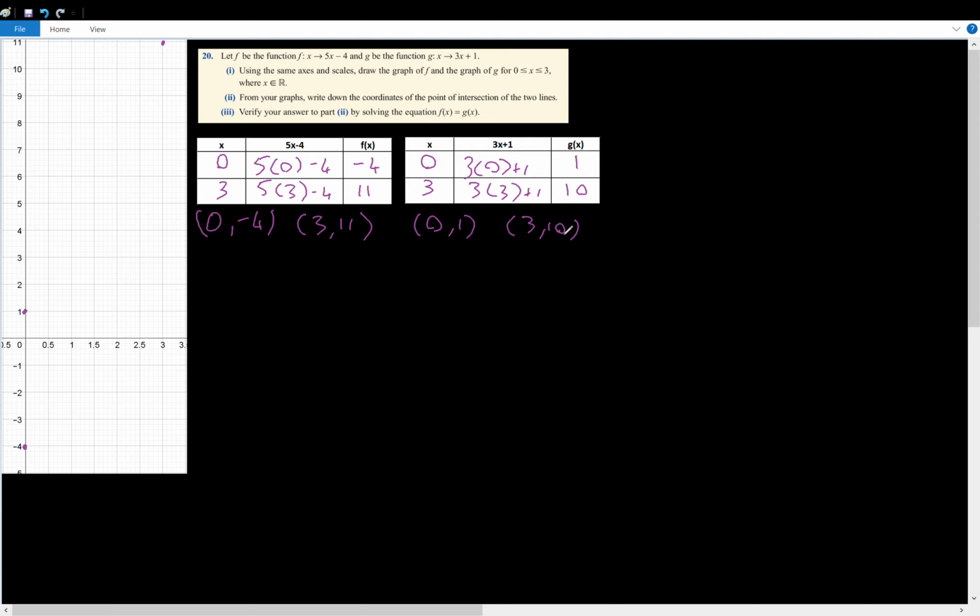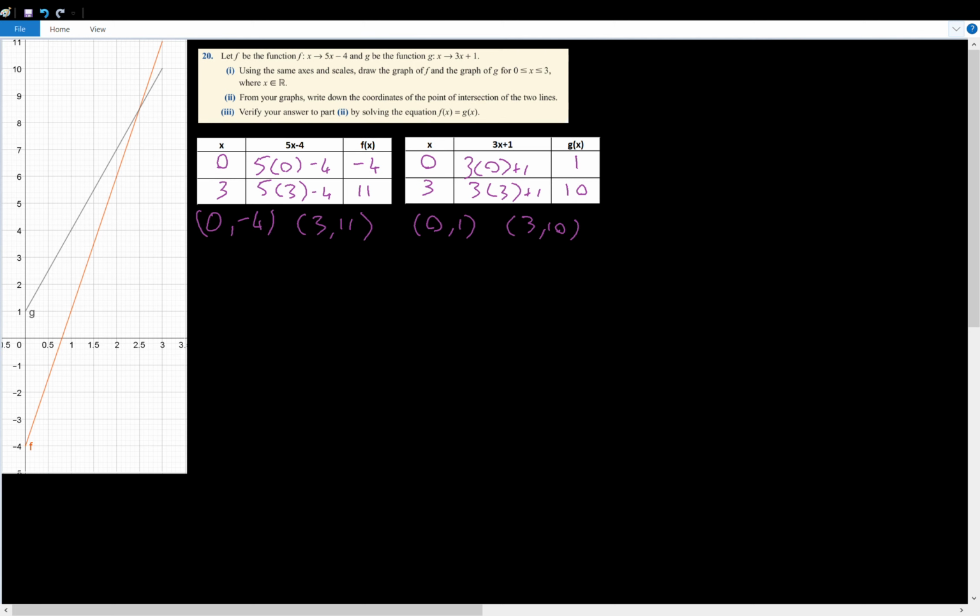And we're going to plot 3, 10, which is 3 across and 10 up, which is just here. Then we're going to draw a line between 0, minus 4 and 3, 11, and a line between 0, 1 and 3, 10. And that'll look like that. So that's our 2 lines drawn out.